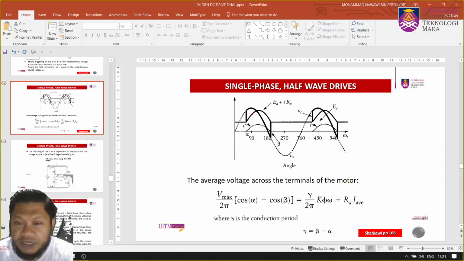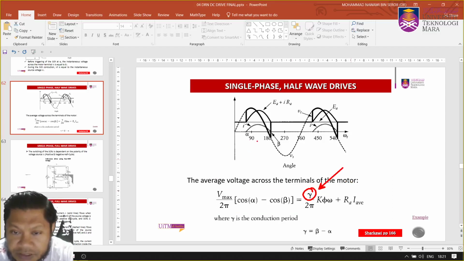And we have this conduction angle. The gamma here is the conduction angle, which is actually from alpha until beta. So this is defined as conduction angle gamma.